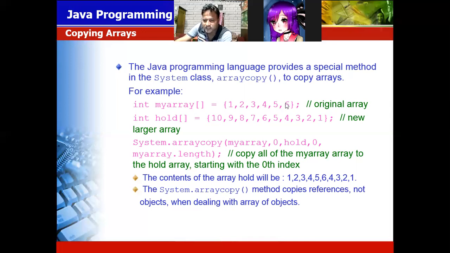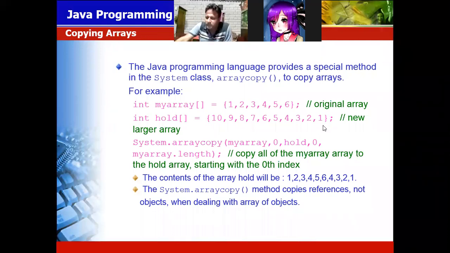My array length is 6, so all the elements are copied. And what is your result? Your result is now 1, 2, 3, 4, 5, 6, then 4, 3, 2, 1. So it is the resultant.